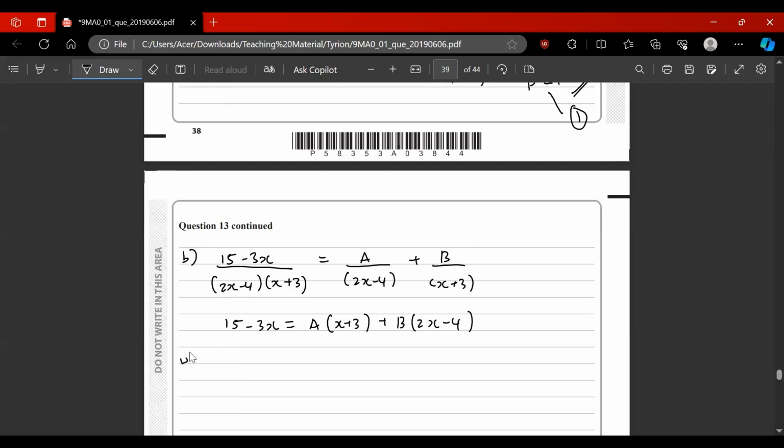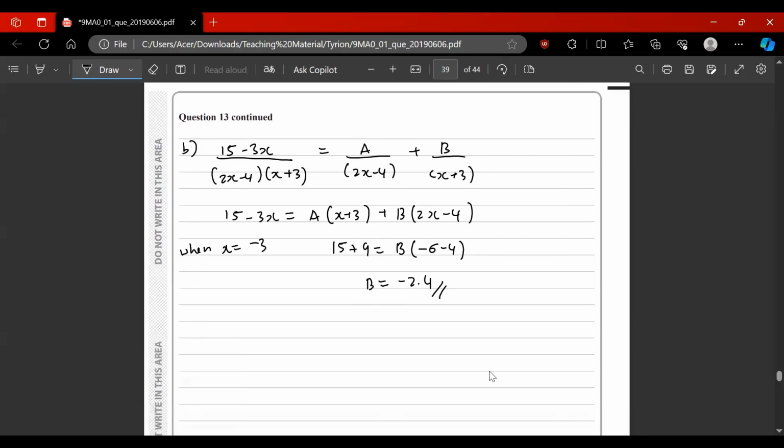So if I now put in x equal to minus 3, I will be able to get rid of the constant A here. So it would be 15 plus 9 is equal to B times, this is now going to be minus 6 minus 4. So if you simplify this, you should get B is equal to negative 2.4. So that's the first constant.